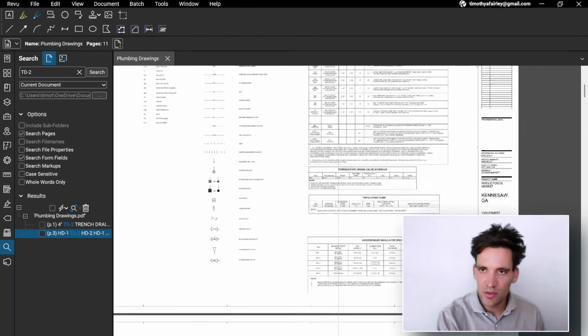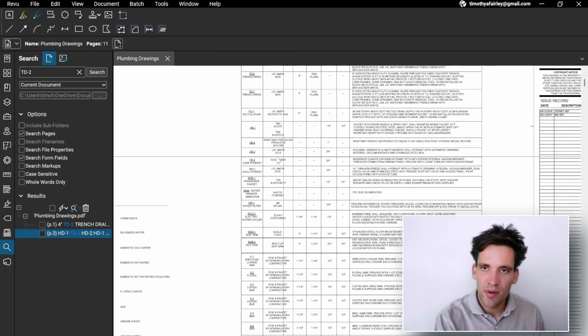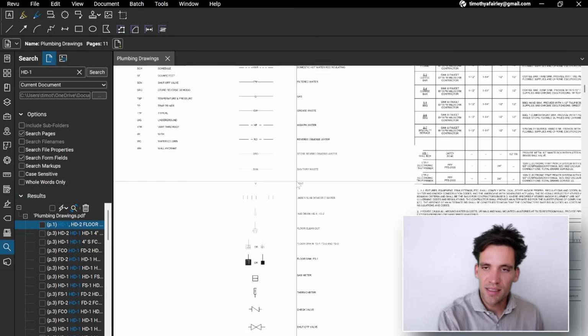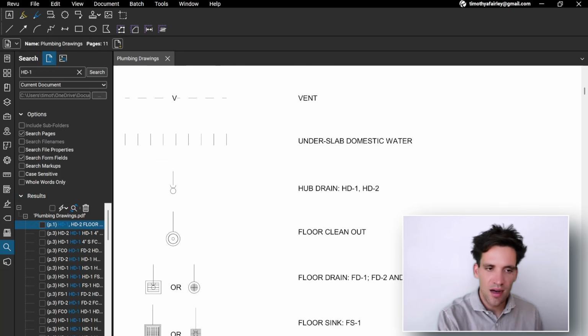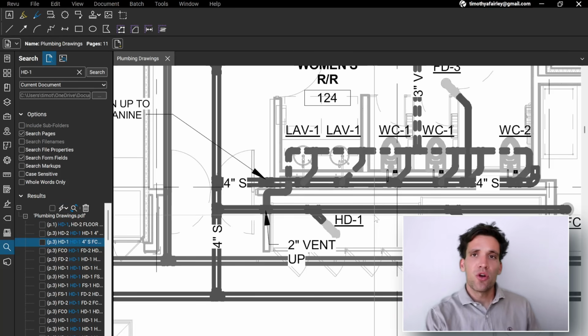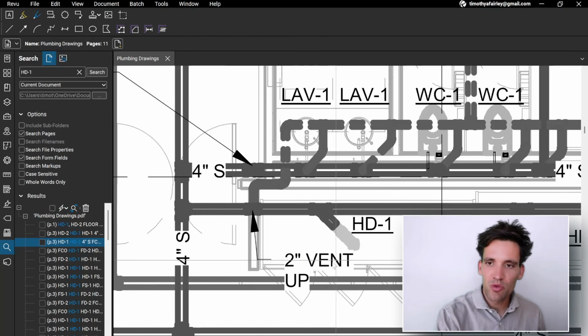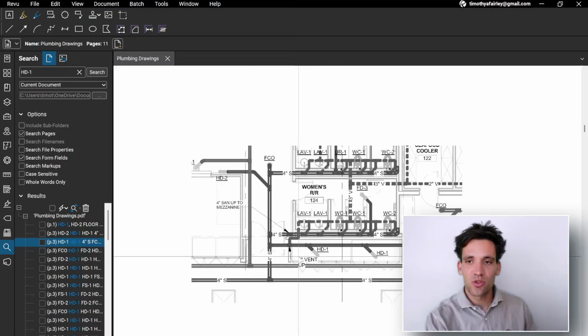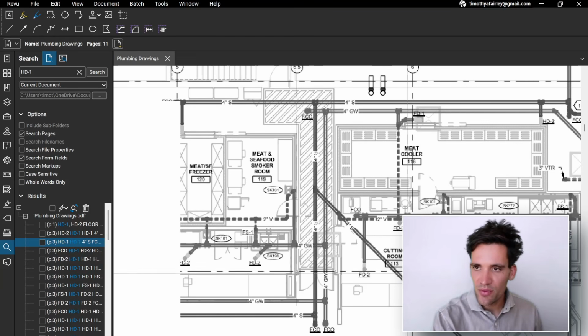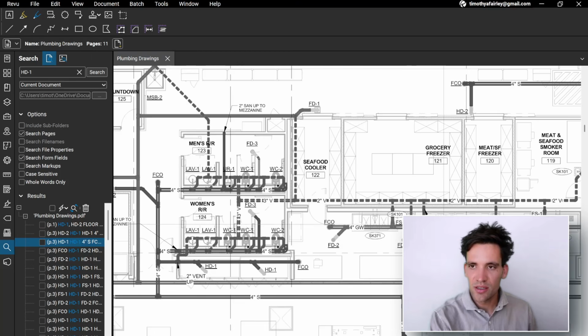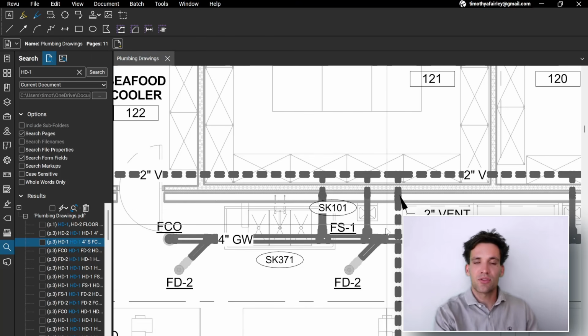Again, I'm not 100% sure what that is, but if I go back to the schedule and look at HD1, it is referred to as a hub drain. Now, because we know the sanitary system has the vent to the roof, there will be some notes on the drawings where these actual vent shafts are and where the venting to the roof is. That is an example of a position where there is a vent shaft going to the roof.